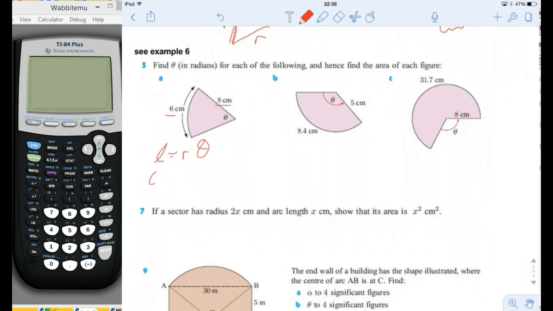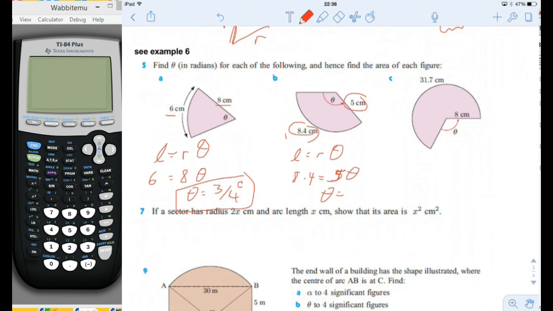So L would be 6, R would be 8, and theta looks like it would be 3/4, right? 3/4 radians. What about this one? We have L and we have R. So same thing, L equals R theta. L is 8.4, R is 5, and theta is unknown, but we can divide that, and it would be 8.4 divided by 5.